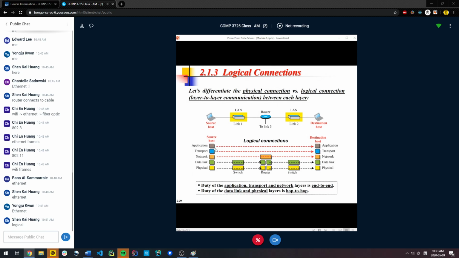They're all logical connections, but the first 2 layers, because there's a potential for a frame change based on the change in physical layer, are what we call hop to hop. Anything higher, layers 3, 4, and 5, is only dealt with at the source and destination, with the router just being a pass-through. They are what we call end-to-end logical connections. Any questions on that?